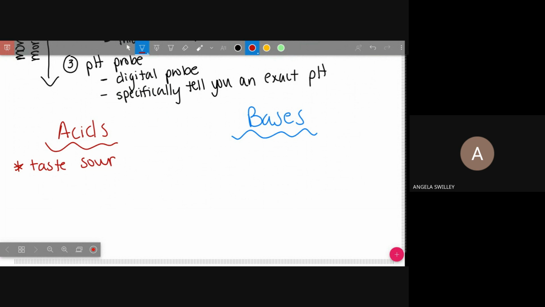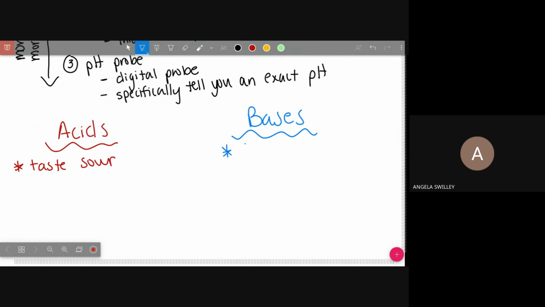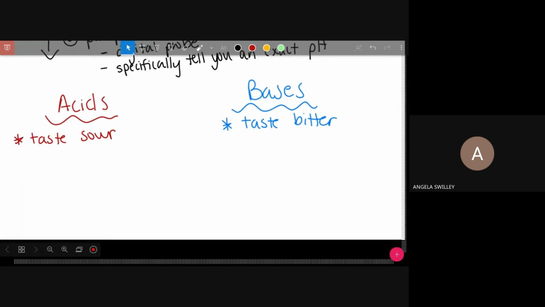Now, obviously, we do not taste things in the labs. So when we refer to acidic things that taste sour, we're talking about food, like acidic food. Vinegar, tomatoes, citrus fruits, all of those taste sour. Now, bases taste bitter. And a lot of what we're going to talk about in regards to acids is going to be opposite for the bases.